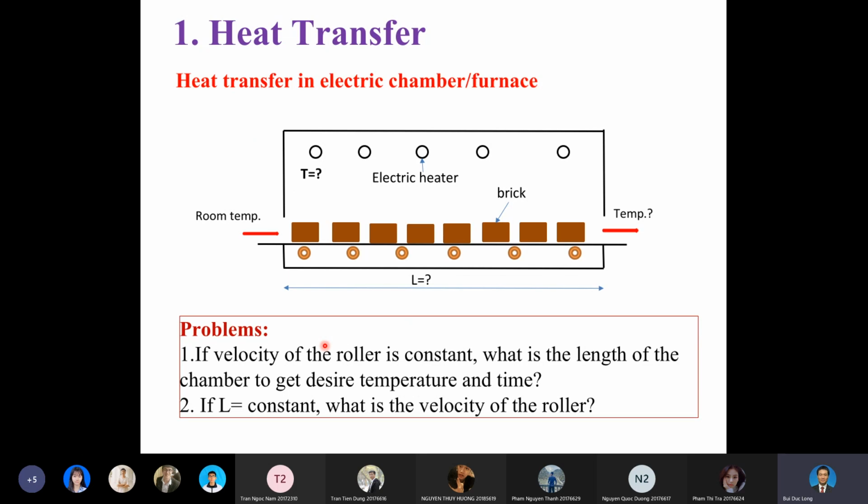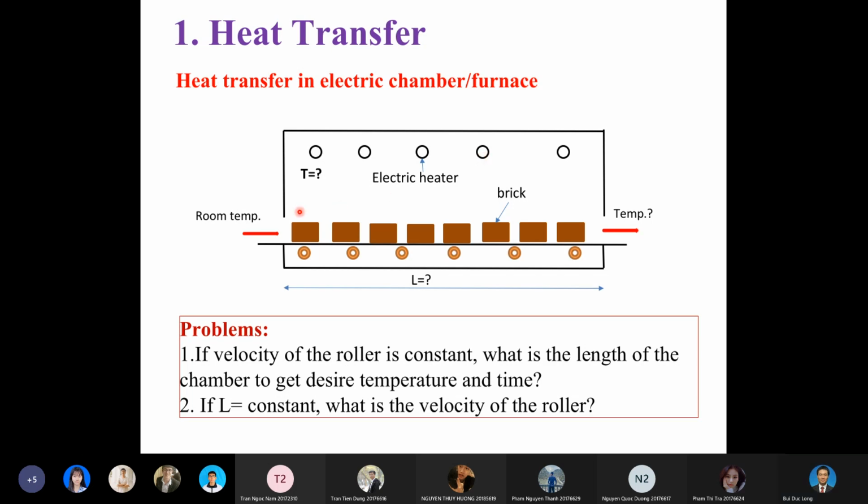Heat transfer is also involved in electric chambers or furnaces, especially for heat treatment. For example, we have a brake or some part of a machine, for example a bearing. Any parts we need to heat treat, how do we design this furnace? In industry we call it a continuous furnace.